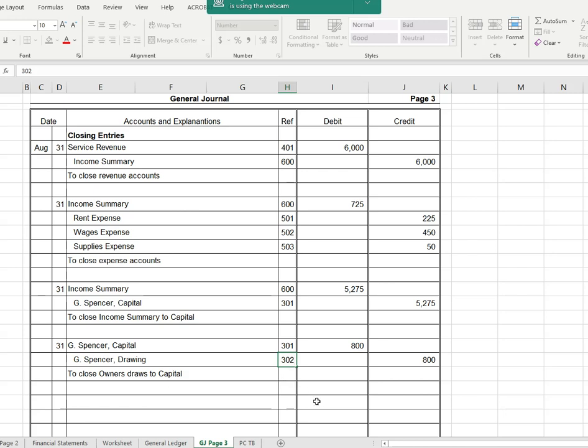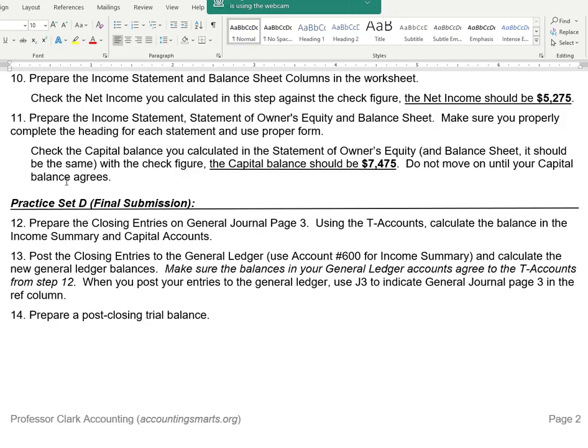All right, so now not only have we prepared our closing entries, which we did, we used the T account to calculate the balances, so it helped us to close those accounts. We posted the entries to the general ledger, and we calculated the new balances. So the last thing we need to do is the post-closing trial balance.